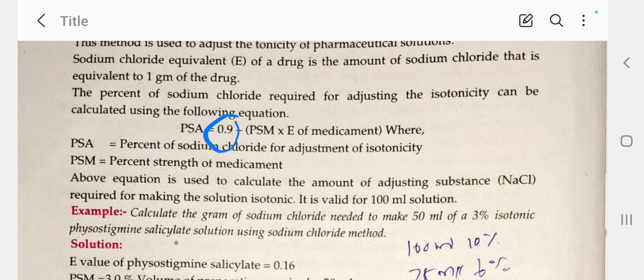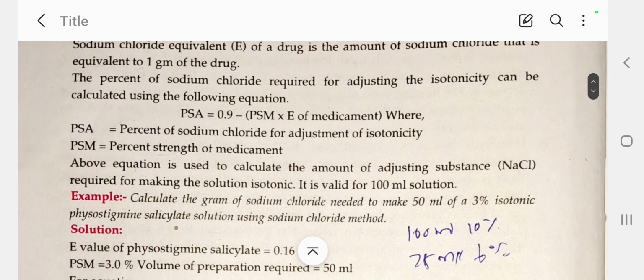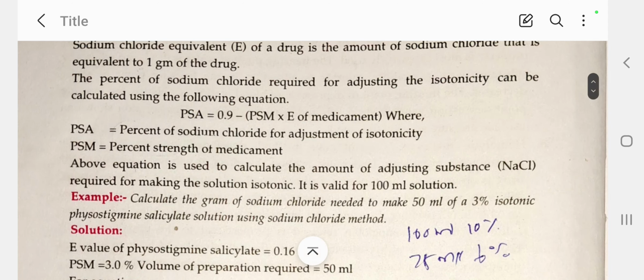So PSA is the percent of sodium chloride for adjustment of isotonicity, and PSM is the percent strength of medicament.